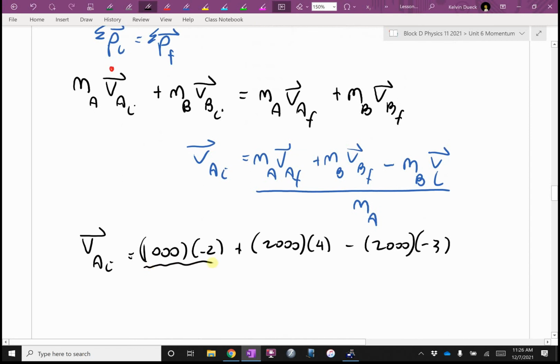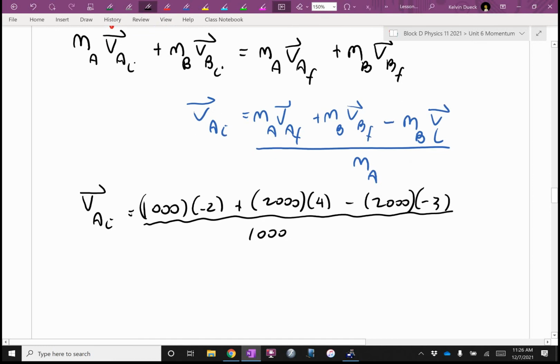All over, Lena, what was car A, 1,000? Okay. What do you get? I can do this one in my head. It's going to be -2,000 plus 8,000. That's 6,000. Ooh! What do you get? The 12? Yeah.